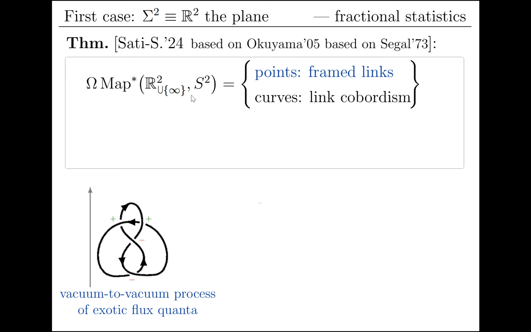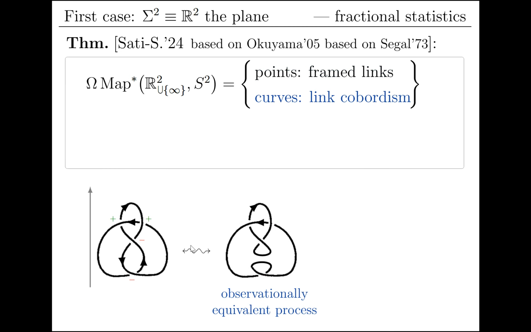which is a loop in this space here, by Segal's theorem, so this is not meant to be obvious, I'm just telling you this is the case. So this process is one loop in this space. But this space also has paths between these loops, which are the topological deformations. So the curves in this space are these wiggly arrows here. It turns out these curves are actually link cobordisms.